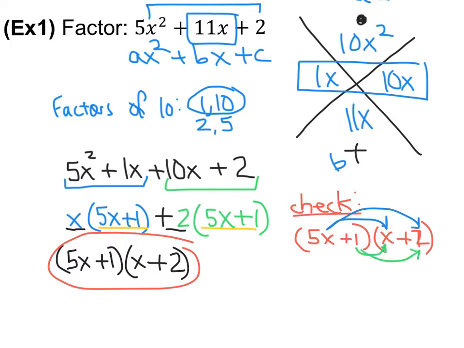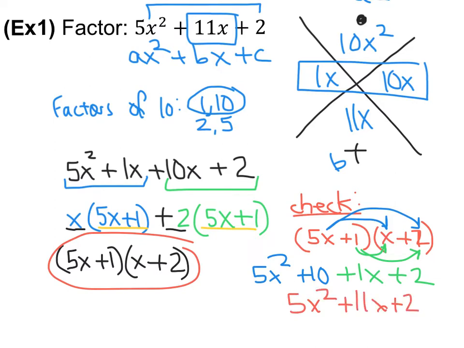So we have a 5x squared plus 10x, and then we have a plus 1x plus 2. Add like terms, we have a 5x squared plus 11x plus 2, and that checks. That's what we started with. Our final answer is, of course, the factored answer.